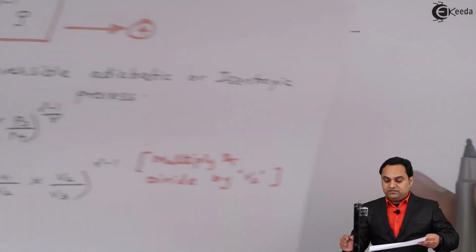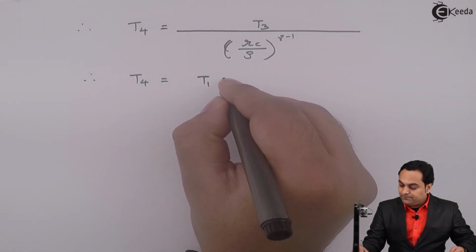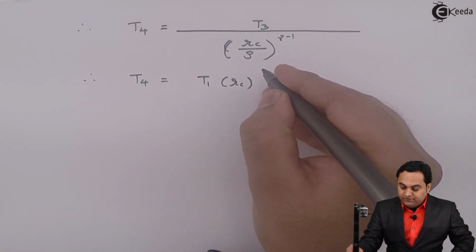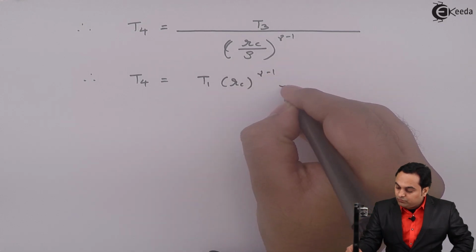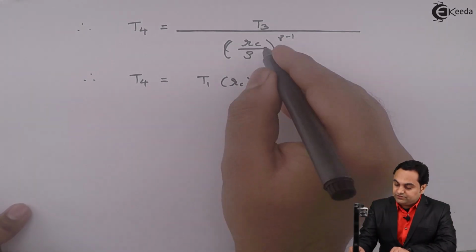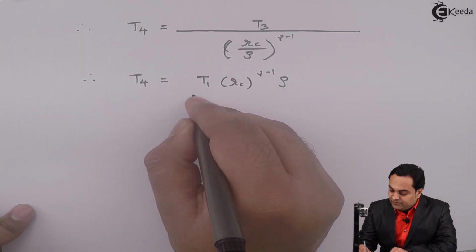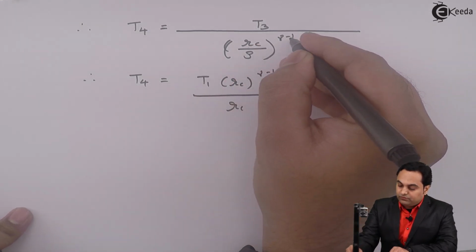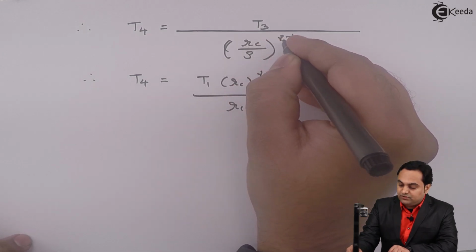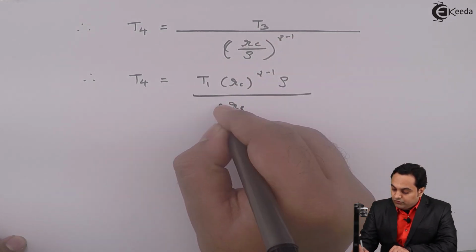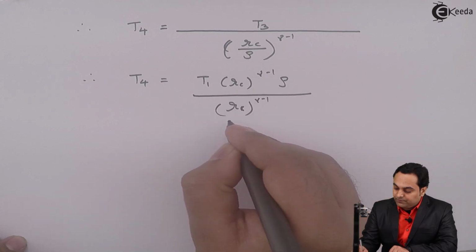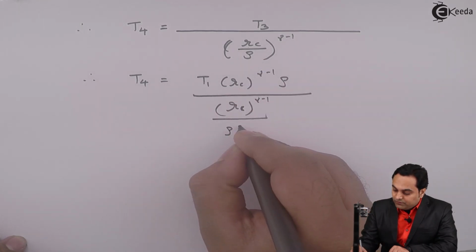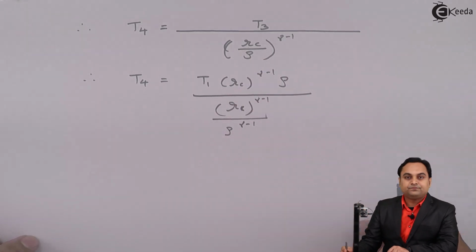This T3 I'll write here, which is T1 into RC raised to gamma minus 1 into rho. Next, the terms which I have here, even RC, I'll open the bracket here, that is RC, outside the bracket we have gamma minus 1, so it will get gamma minus 1 upon rho raised to gamma minus 1.